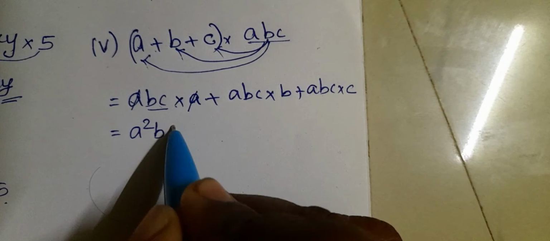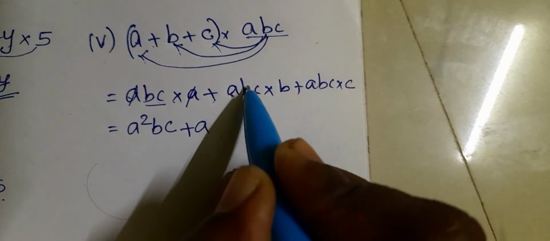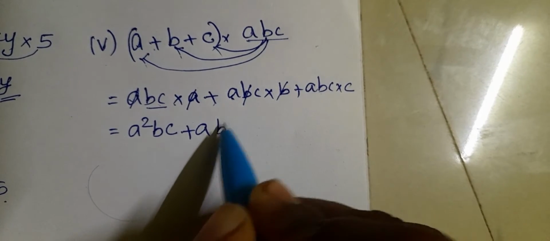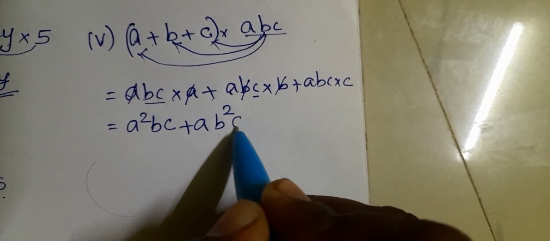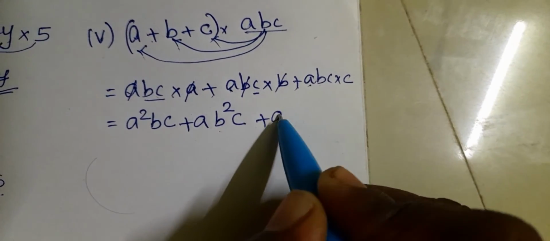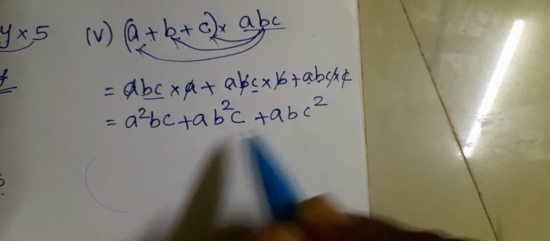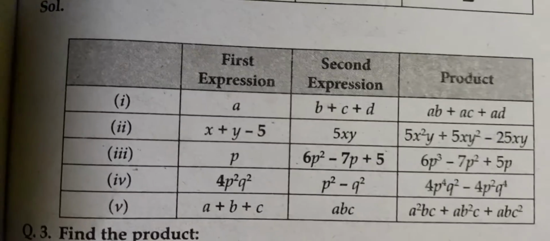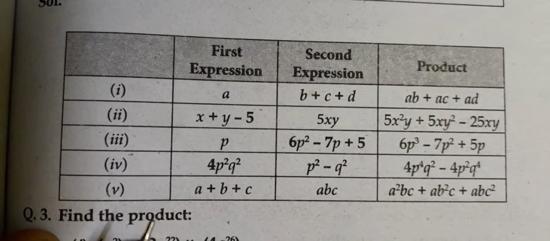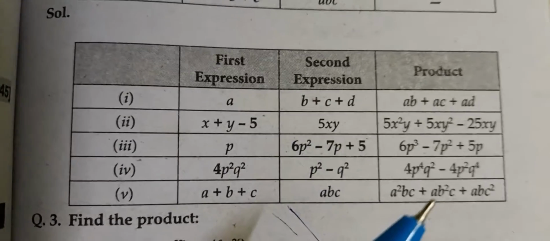Write the bc as it is, plus a, b into b is b square. Write the c as it is, plus a b, c into c is c square. So after that we can fill the answers in the empty boxes.